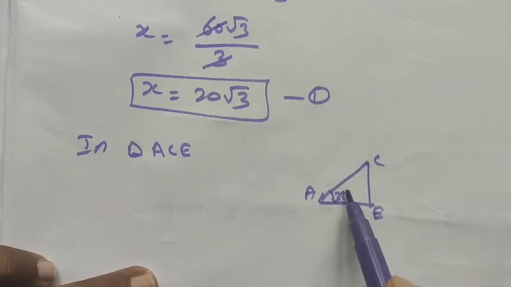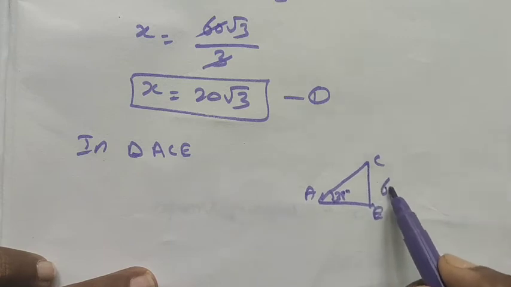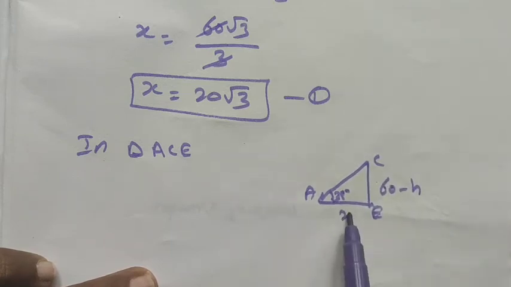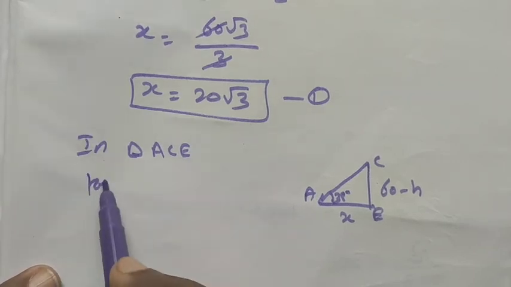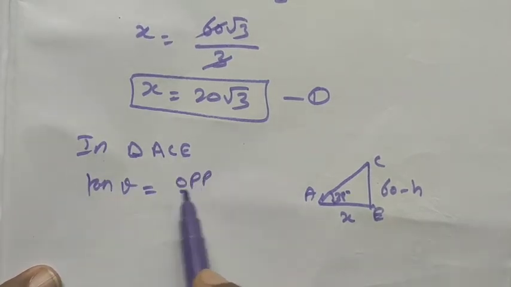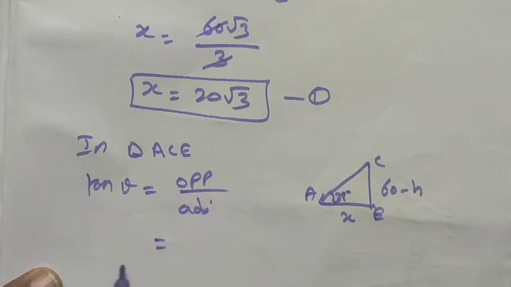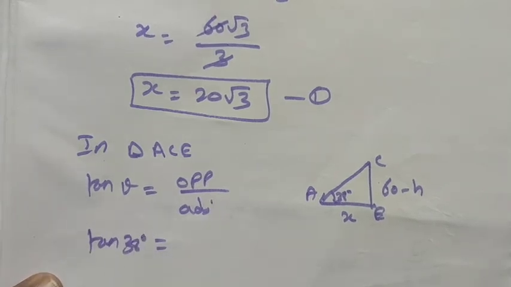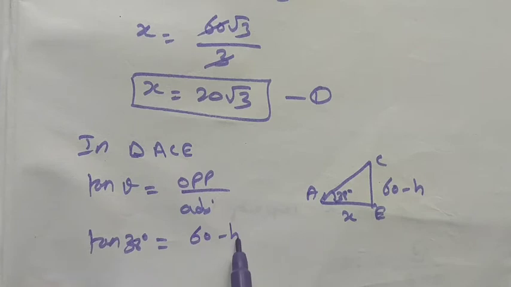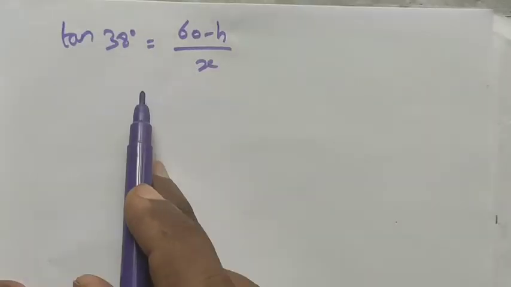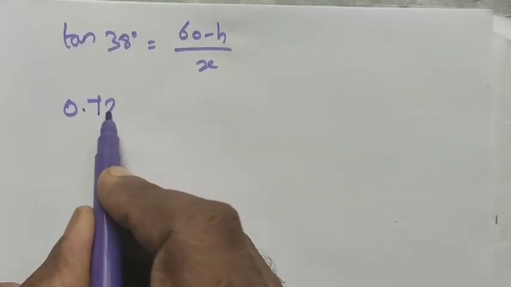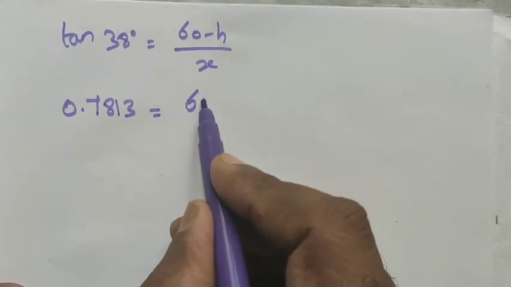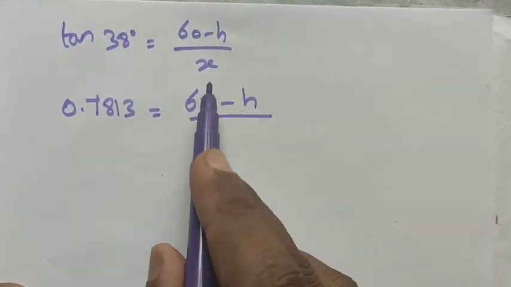This angle is 38 degree, and the distance CE is 60 minus H, and this side is X. Tan theta is equal to opposite side divided by adjacent side. So tan 38 degree, which is 0.7813, is equal to 60 minus H divided by X.